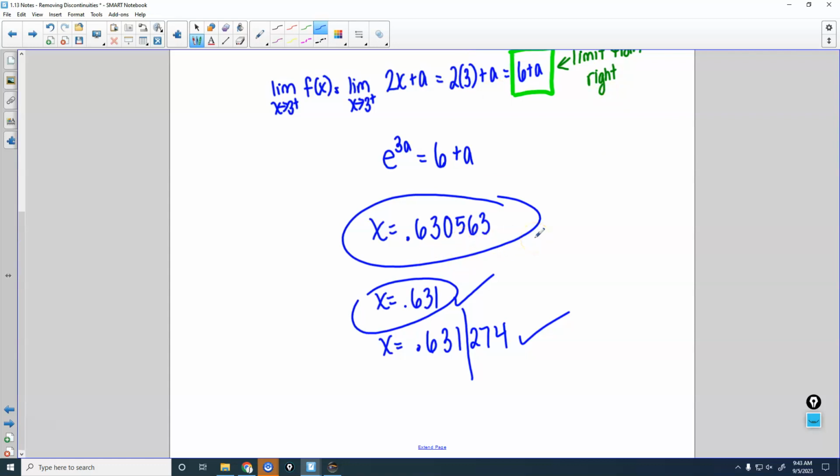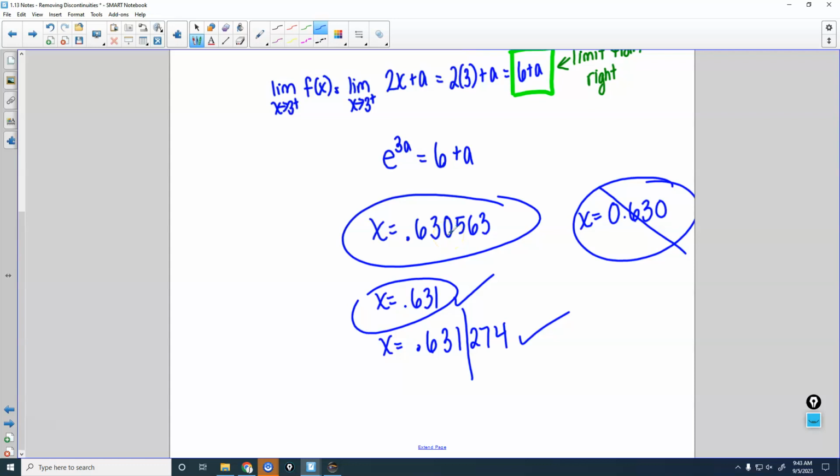And in some cases, depending on what it looks like, they will sometimes count if you just truncate the number. I am going to count off if you do this because this is wrong. It does not round to 630.